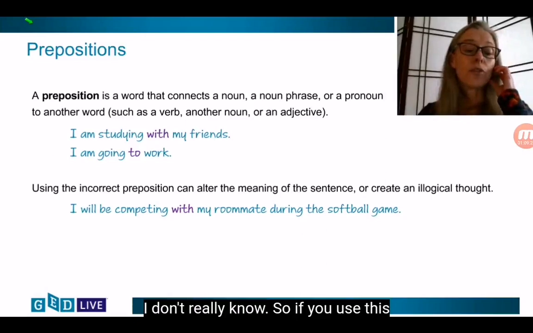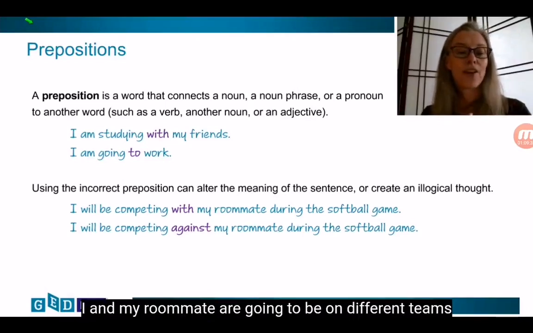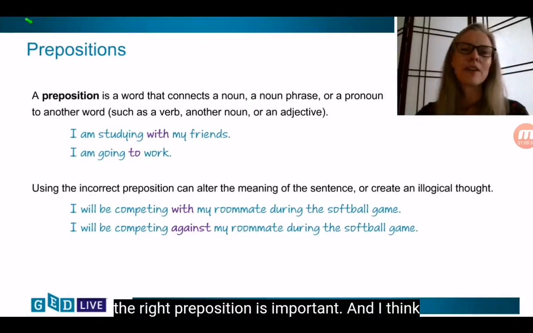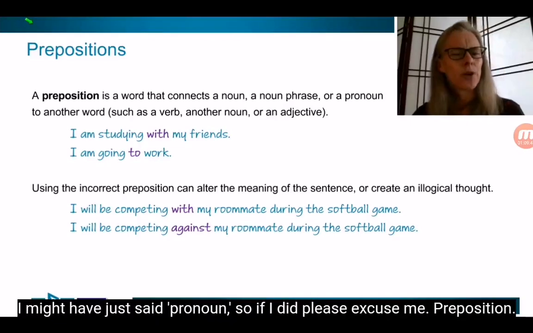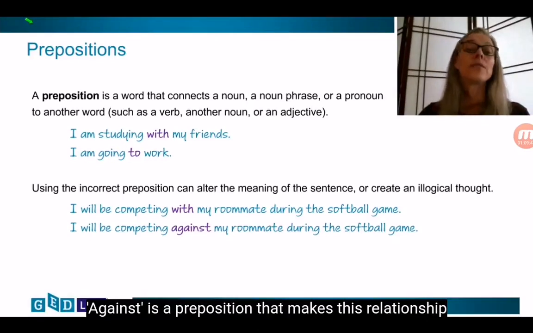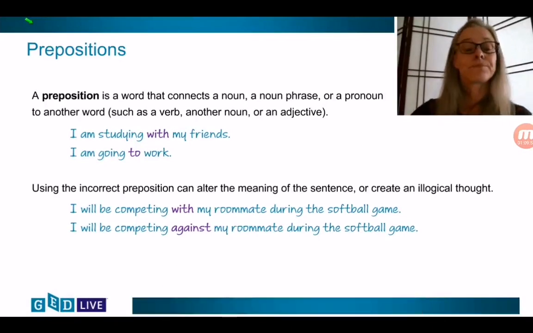So if you use this specific preposition, against, then it's clear that I and my roommate are going to be on different teams and we'll be competing against each other. So using the right preposition is important. Against is a preposition that makes this relationship clear between the roommate and myself.